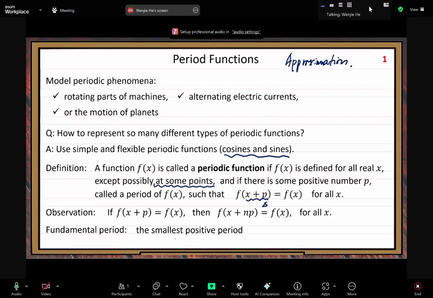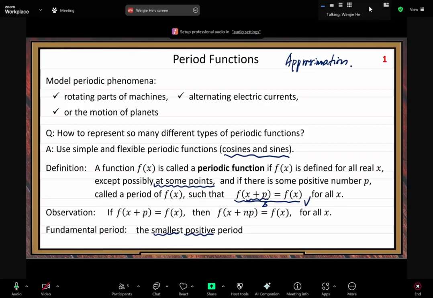The period we choose is the smallest p, and that p should be a positive number, not a negative number, such that we have this equality. The smallest positive p to make this equality hold, then we say it's a fundamental period.